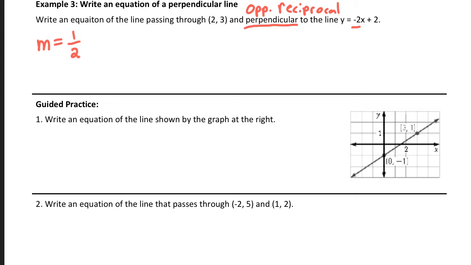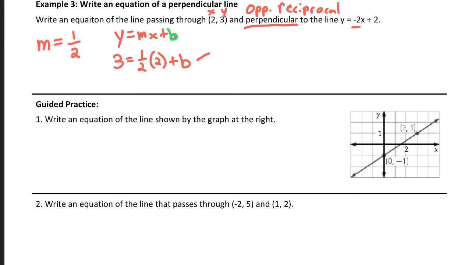And then we do exactly what we did before. I'm just going to still write out my y equals mx plus b. I know an x value, I know a y value, I know the m value. I have to find that b value. So I substitute 3 for y, 1/2 for m, 2 for x, and then I'm going to leave b as b because I don't know what b is yet.